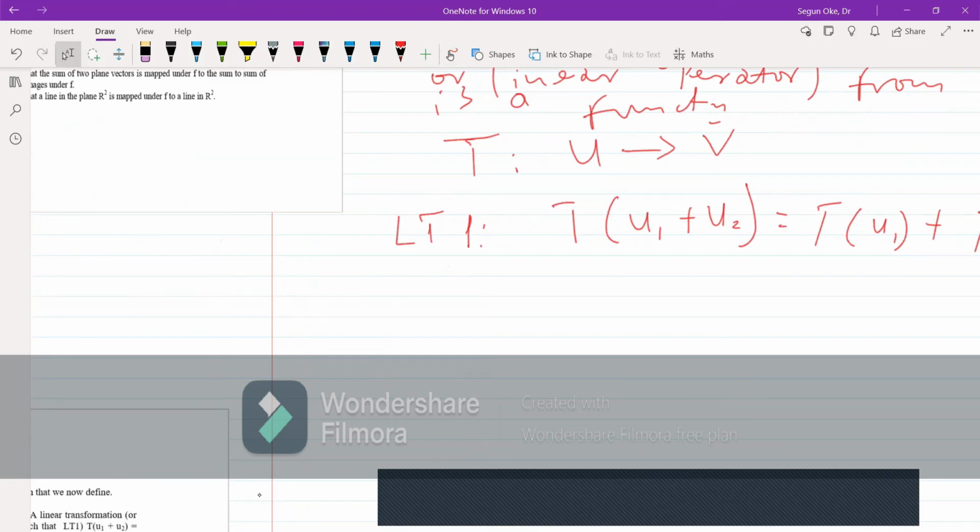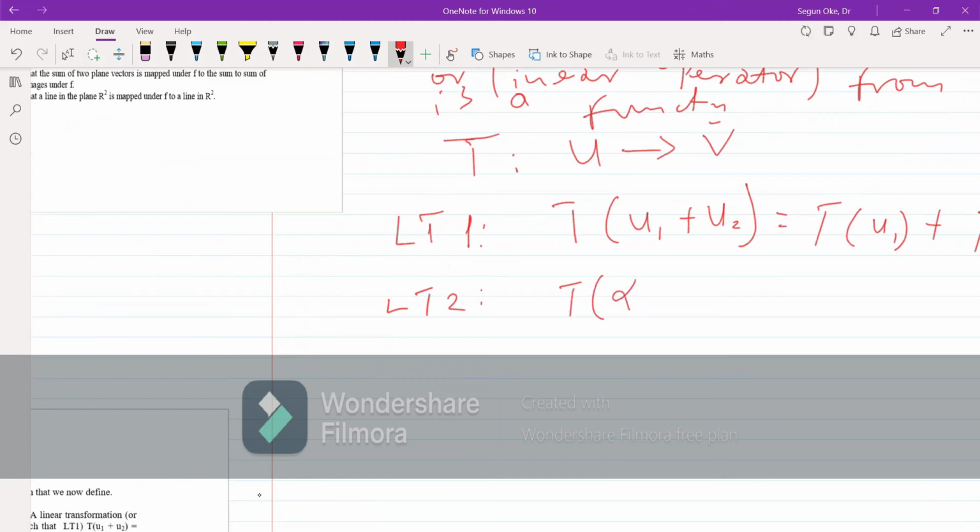So for linear 2, if you have T into alpha U, what does it mean?